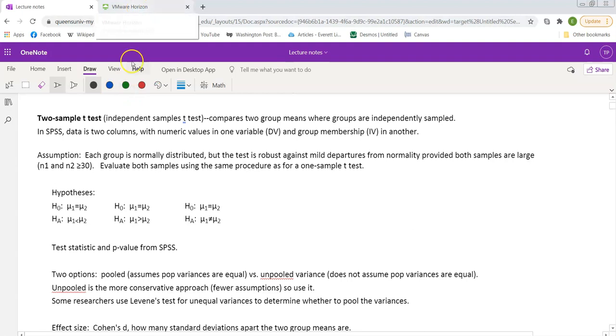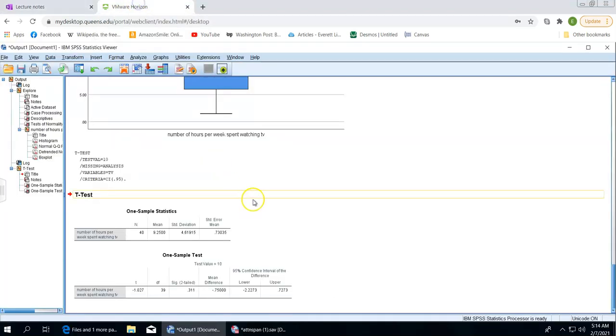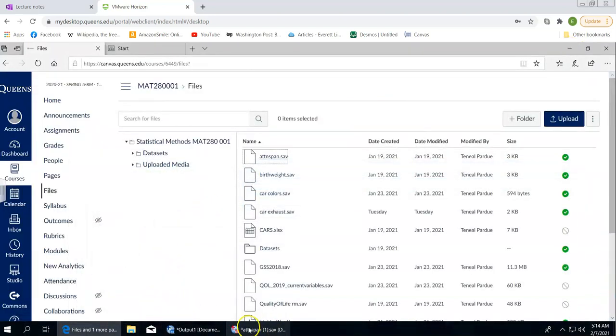I want to show you in SPSS, this data is going to look maybe not like you would expect. Your data is going to be in two columns. You might expect to see a column with one of your groups that you're going to compare and the other column with the other one, but that's not the way this data looks. The example we're going to look at in just a minute is in this attention span data.